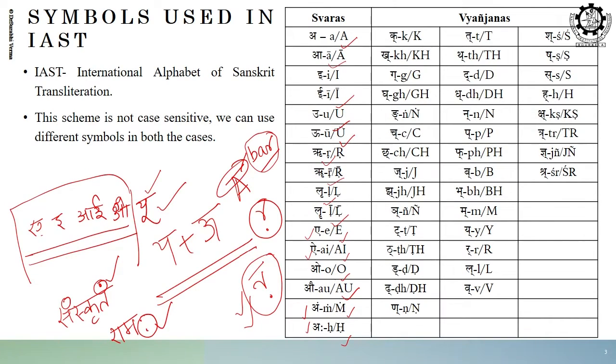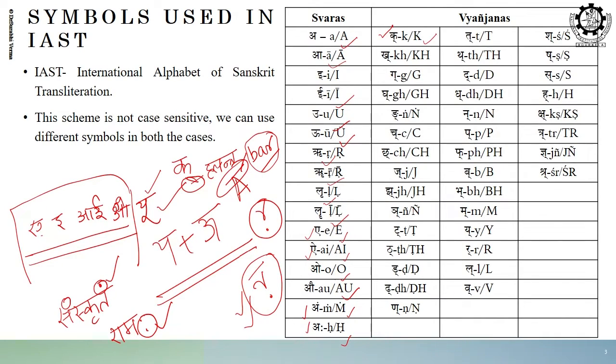Starting from ka, you can see that we write it like ka and then there is a slash at the bottom. This slash at the bottom denotes halant. This halant signifies that this particular sound does not have the support of a vowel or swara.